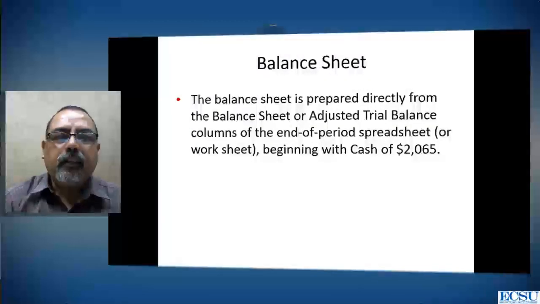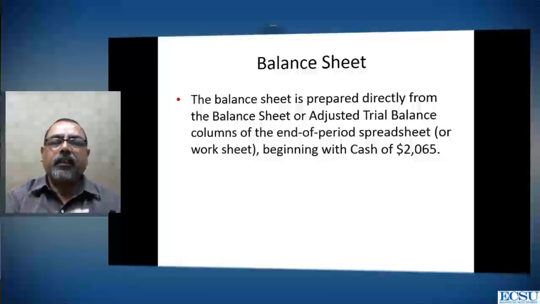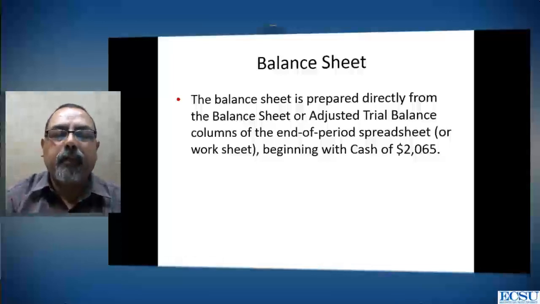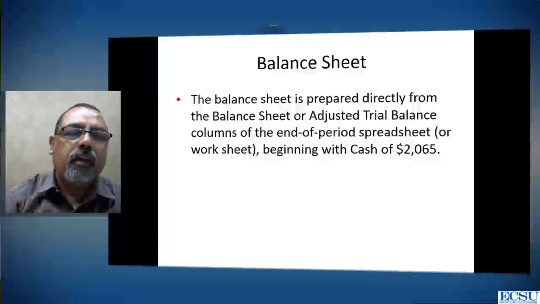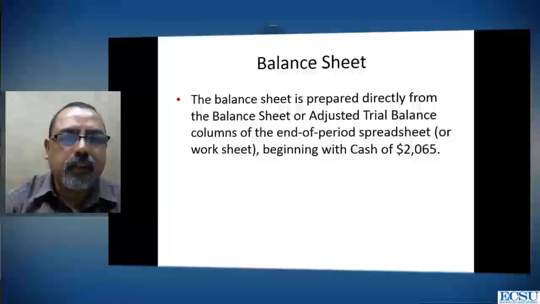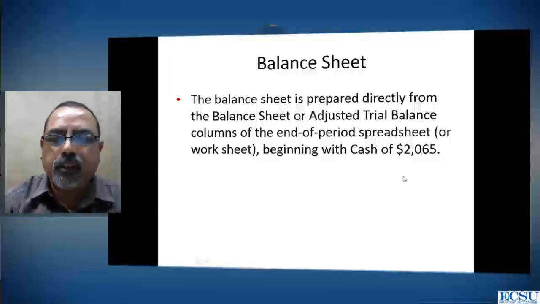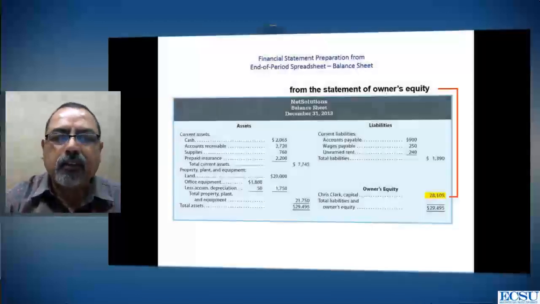In the balance sheet, of course, as we know, we'll be preparing it directly from the balance sheet column in the worksheet, or if you have only the adjusted trial balance column, we can also do that. But in our chapter, we'll be doing the worksheet, so we'll be bringing all the information from the worksheet balance sheet column and putting it in a particular order in the balance sheet. We start with the cash of 2065.